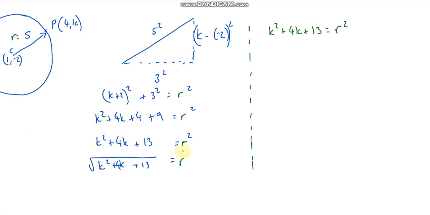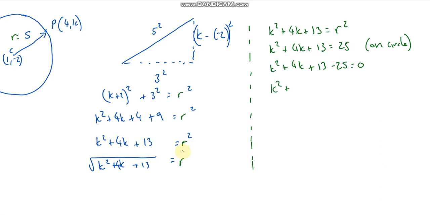Now, if it was on the circle, we'd be saying, well, k squared plus 4k plus 13 has to equal 25. That'd be on the circle. But we're saying, well, what values would mean it's outside the circle? Well, that would mean that k squared plus 4k plus 13 take away 25 is equal to 0, so let's do this first bit, sorry.